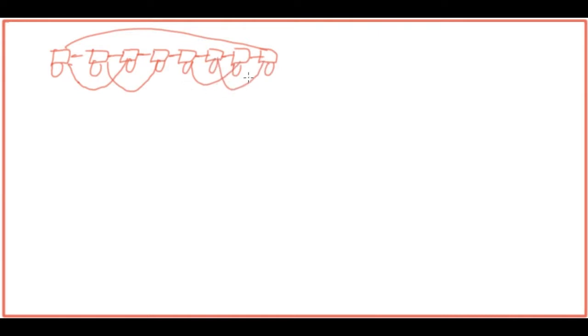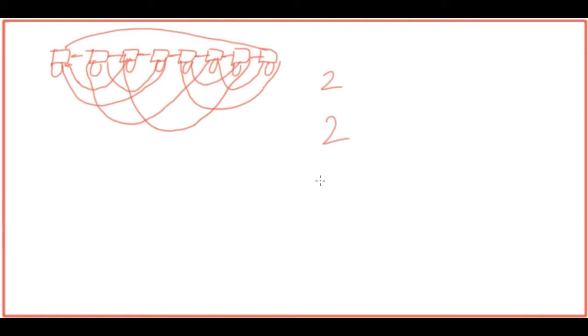So here you can see I had 4 connections in the next time. And if I go once more, then I will go with this, this, this and this. So basically I can add two cables each time.